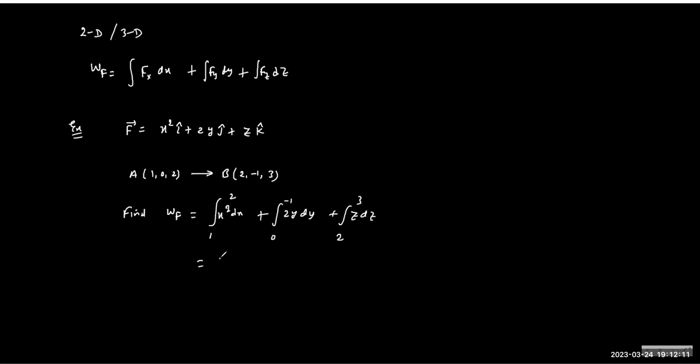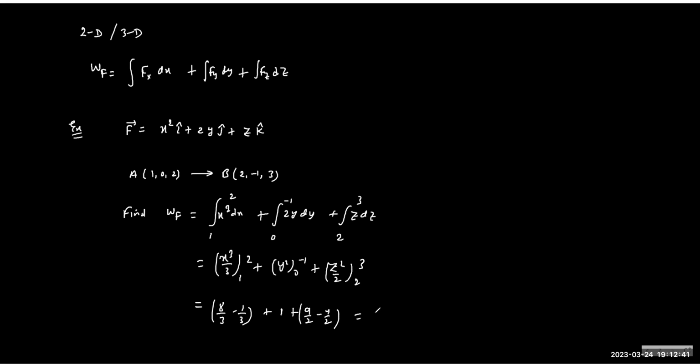So x cube by 3, then y square, plus z square by 2. So 7 by 3, then 0 minus 1, and 9 by 2 minus 4, which is 5 by 2, right?